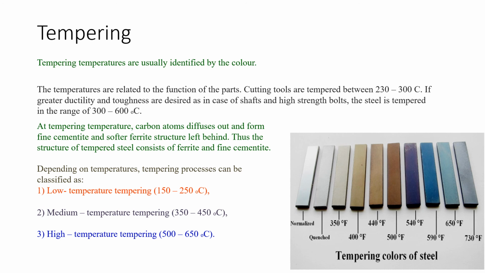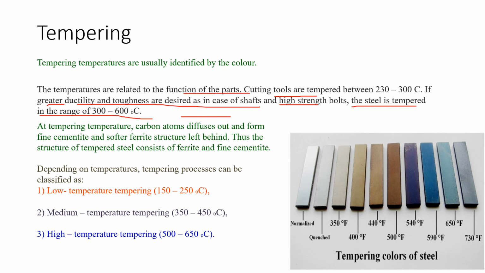Tempering temperatures are usually identified by color. The temperatures are related to the function of the parts. Cutting tools are tempered between 230 and 300 degrees centigrade. If greater ductility and toughness are desired, as in the case of shafts and high strength bolts, the steel is tempered in the range of 300 to 600 degrees centigrade.